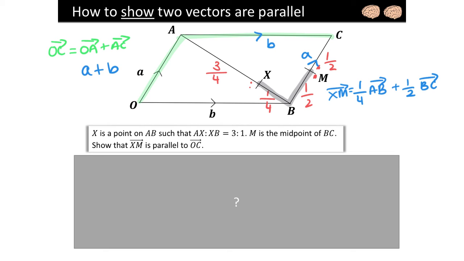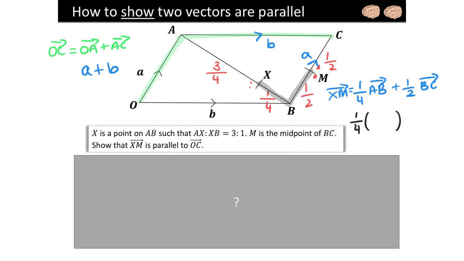A quarter of AB. Quarter of AB. What is AB? A to B. Not quite. This is negative A plus B. Yeah?